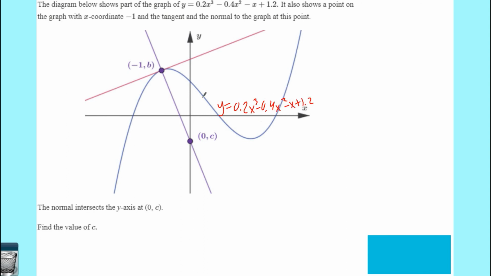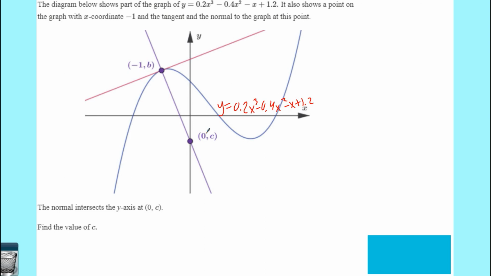That's this blue line. Then we know our tangent line is at an x-coordinate of -1, and this is your normal going through this point.